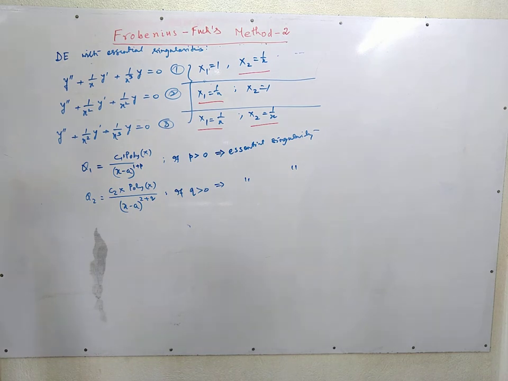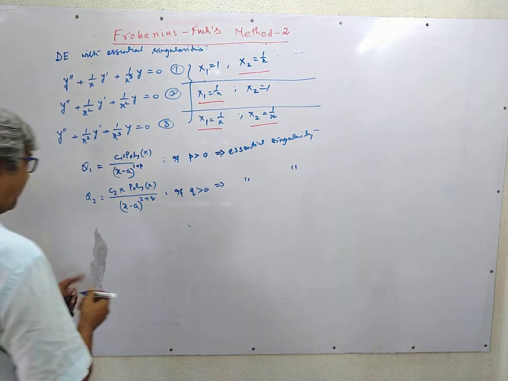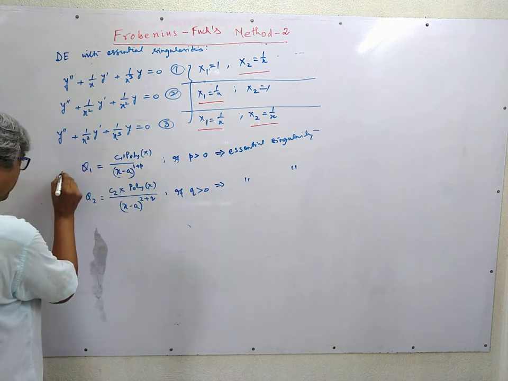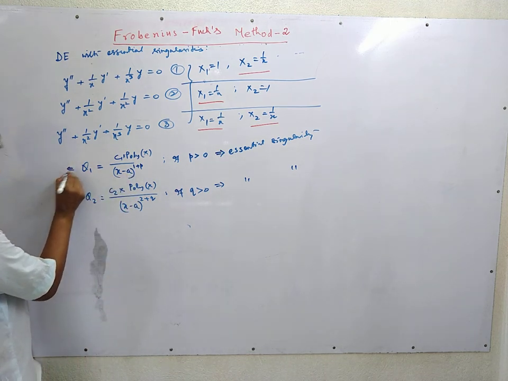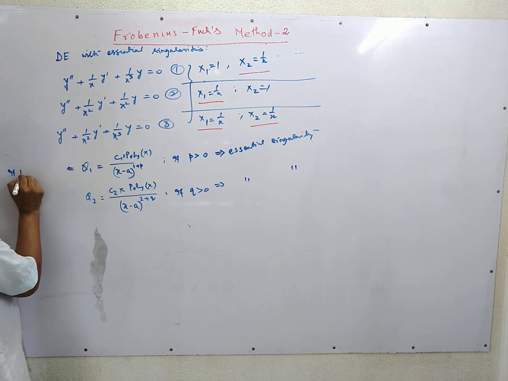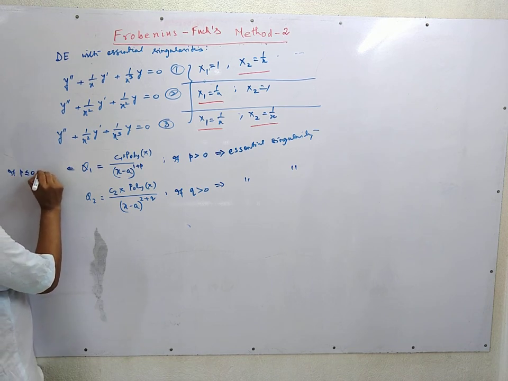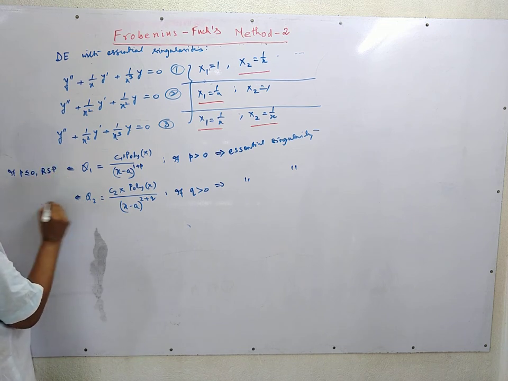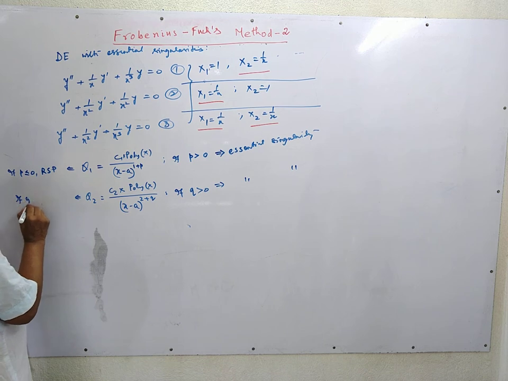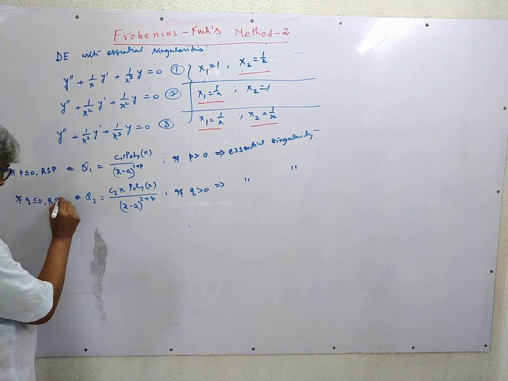So we may write Q1, Q2 in this form, and if p is less than or equal to 0, we will have removable singular points, and if q is less than or equal to 0, we will have removable singular points.